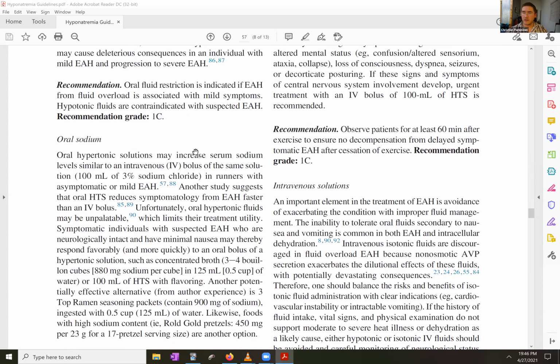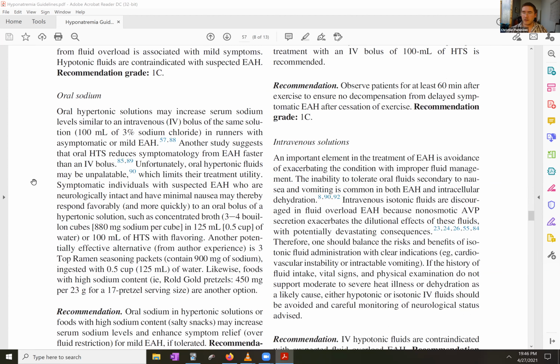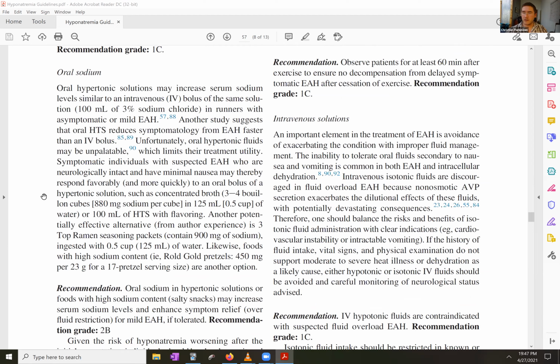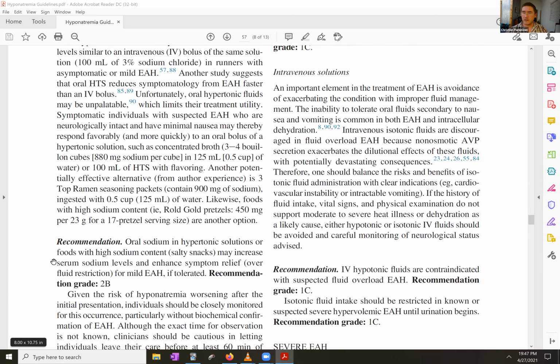While this is possible, as they are not in the altered mental status wing but in mild hyponatremia, quote, unfortunately, oral hypertonic fluids may be unpalatable. Higher salt may increase serum sodium levels if tolerated.